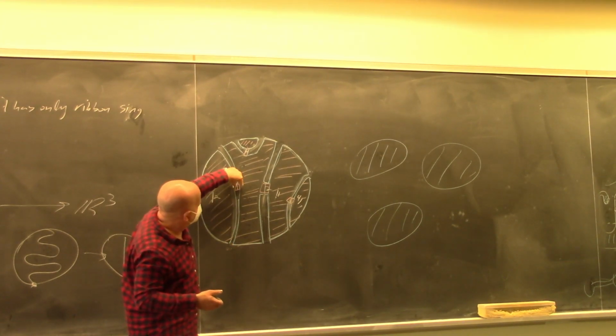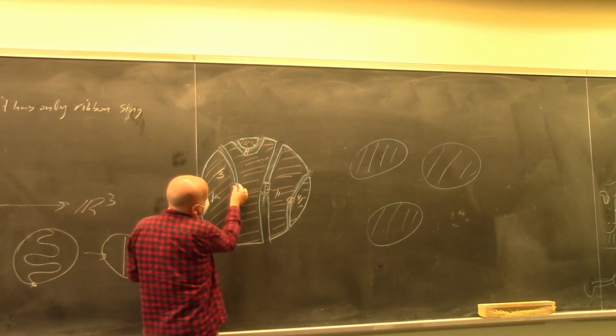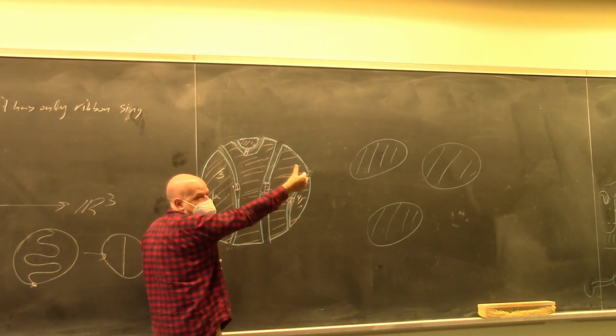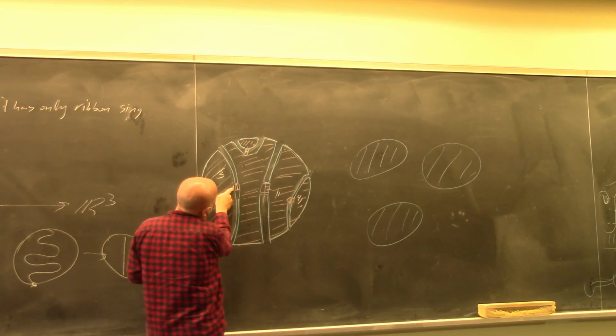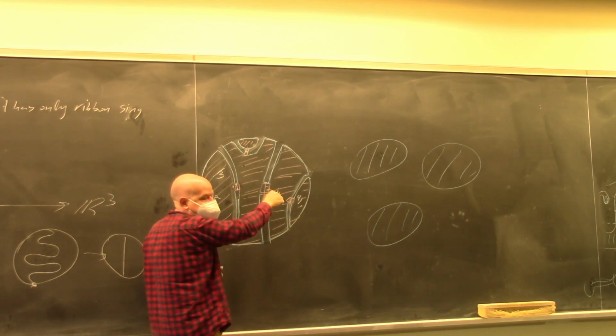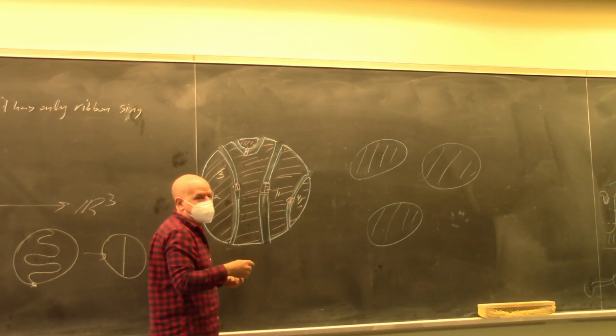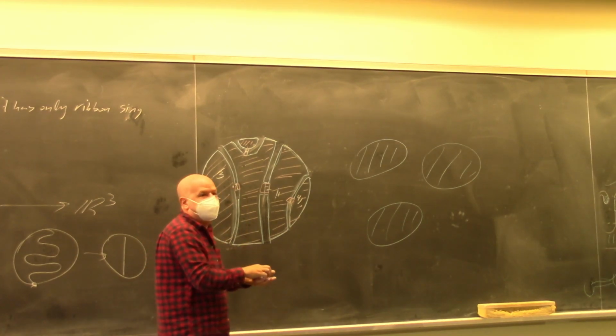But then you have bands. Each of these rectangles is a band that goes from a small interval on the boundary of one disk to a small interval on the boundary of another disk, and it may have a singularity in it. In fact, it will have a singularity in it.